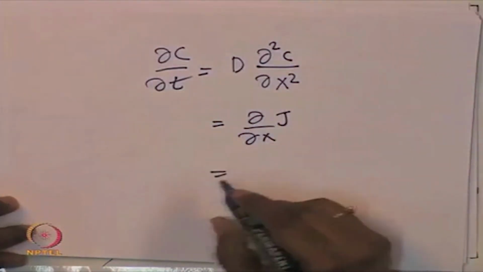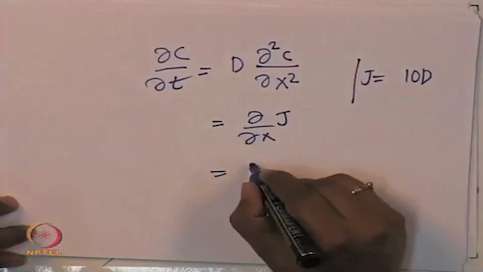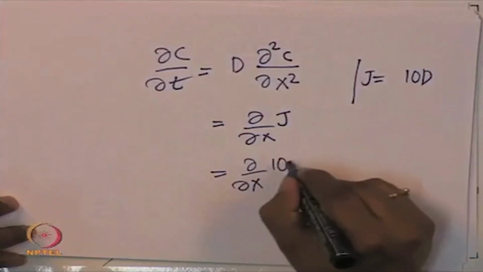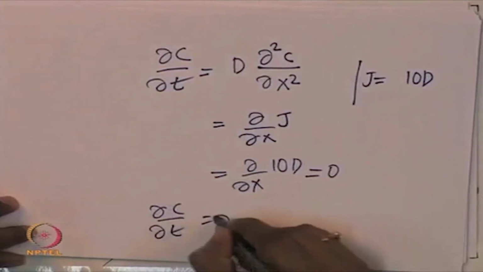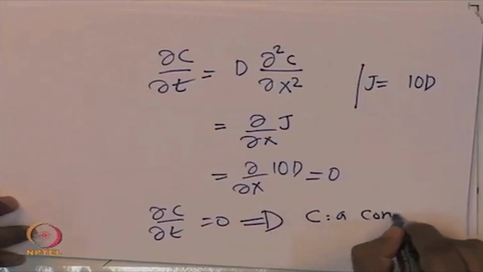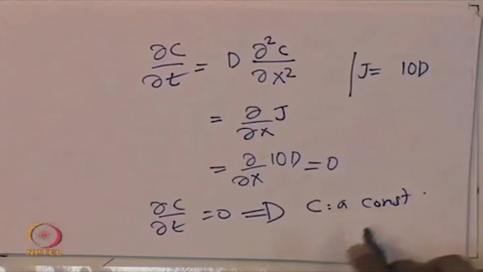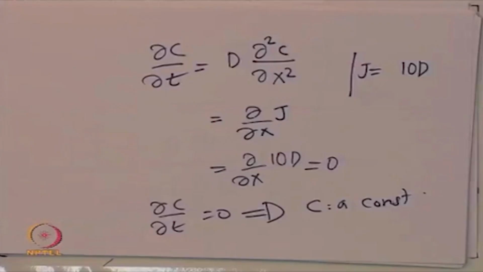The J we got is 10 D, and the derivative of 10 D is basically 0. So, del C by del t is 0, which implies that C is a constant. C will not change with time. So, will the concentration change with time? The answer is no, because J is a constant current, or del C by del t is 0. Therefore, C will be a constant.